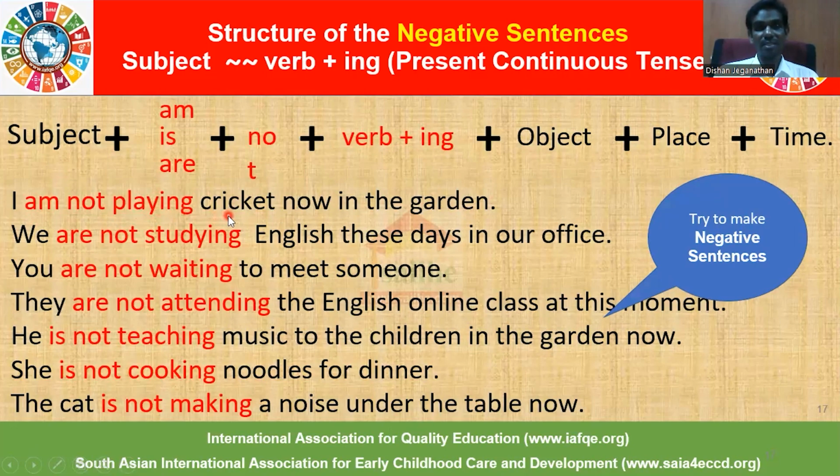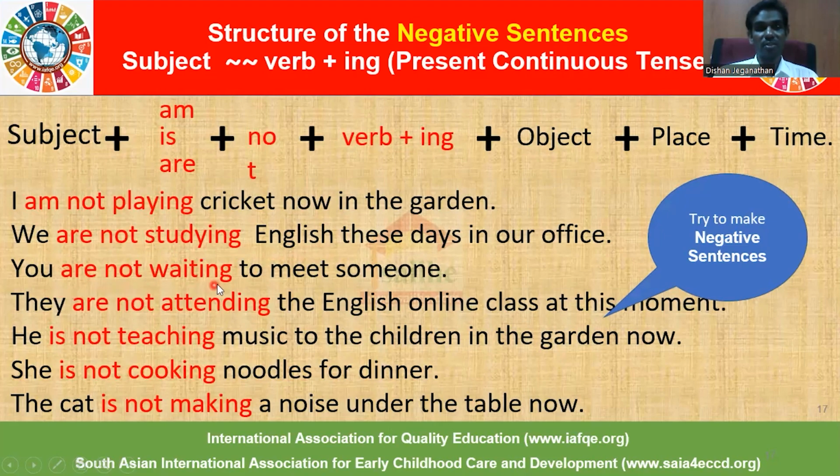Object here is cricket. Now in the garden refers to the place and time. Similarly, we are not studying English these days in our office. We aren't studying. We is the subject, aren't, studying is the verb, and English is the object here.